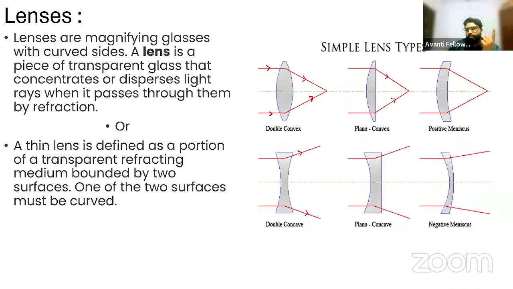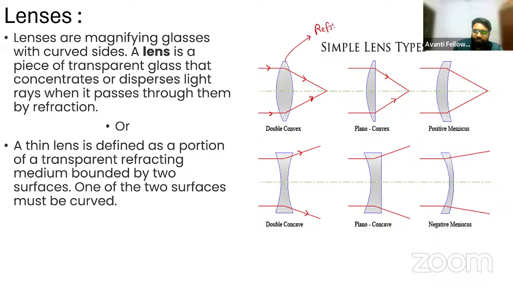The lens is that piece of glass which disperses or concentrates the light ray when it passes through it by refraction. Because it's a transparent medium, refraction is taking place there. So which phenomenon is responsible for this dispersion or concentration?